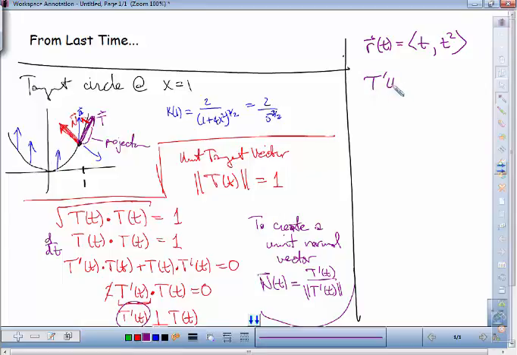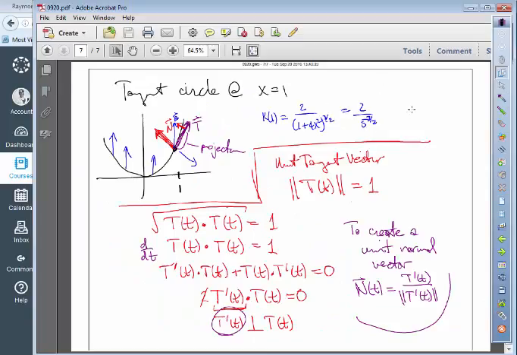Trying to skip some steps here. So we need to take the derivative, and then if we took the derivative, there's no prime here. Actually, I don't remember, so I'm just going to look back at our notes, because we have notes.